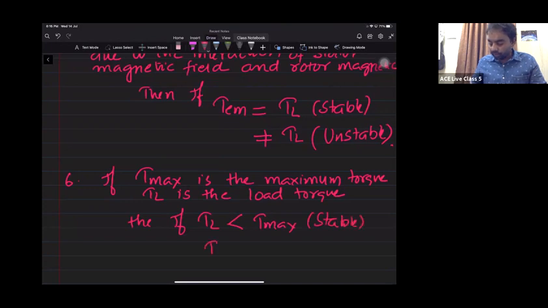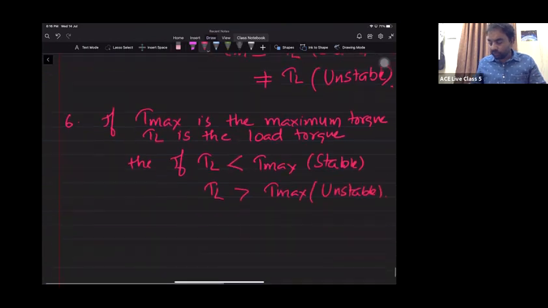If TL is greater than T max, it is unstable. Unstable operation. I hope this point is clear.